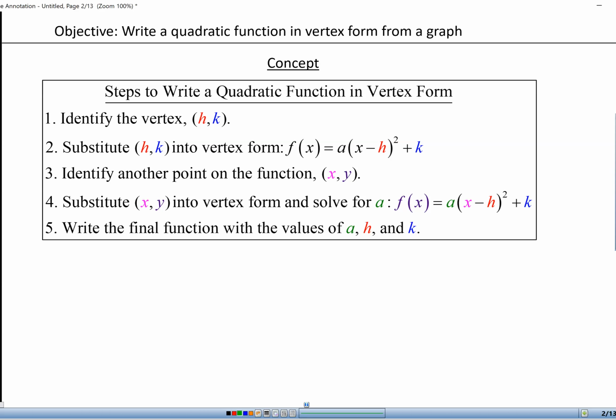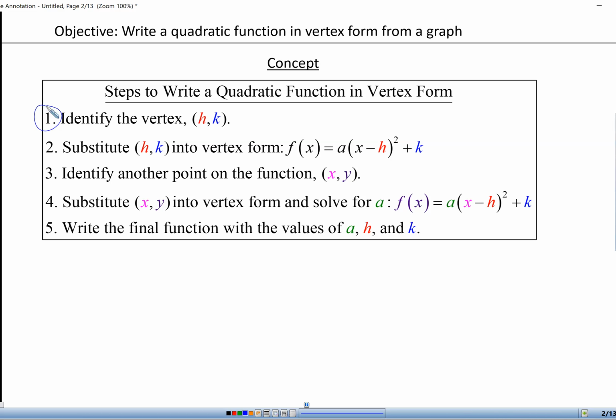So this is written out in steps as far as how we write a quadratic function in its vertex form. And we can use this strategy to write a quadratic function in vertex form from a graph like we're focusing on today, or from a table, or from a set of ordered pairs. And so we want to figure out what our vertex is.